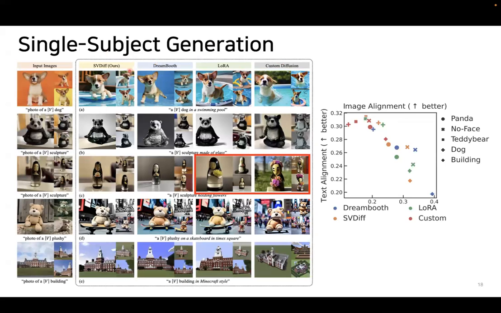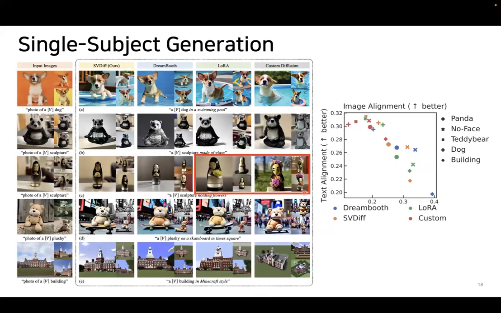When you look at the results, in my opinion, ours and DreamBooth results are quite similar in terms of quality and preserving the concept. But for LoRA and Custom Diffusion, our results are, I think, sometimes better.